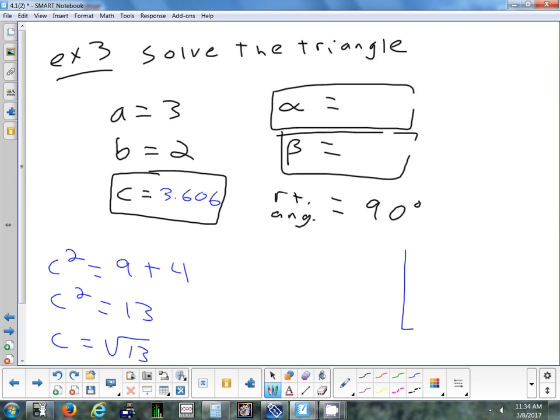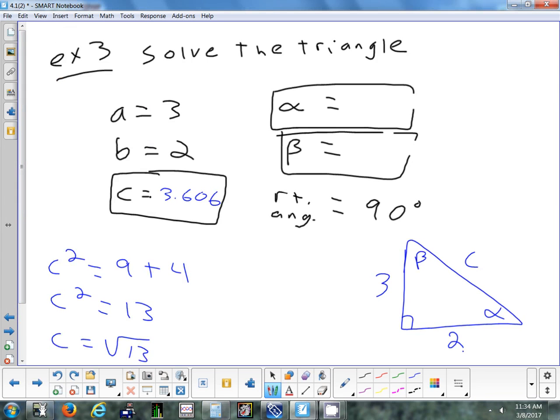Okay, so now I'll make my diagram. I'm not going to label what I just found, but I will label the two things I was given. So I put A and B, and alpha and beta. So now we need to find alpha and we need to find beta.